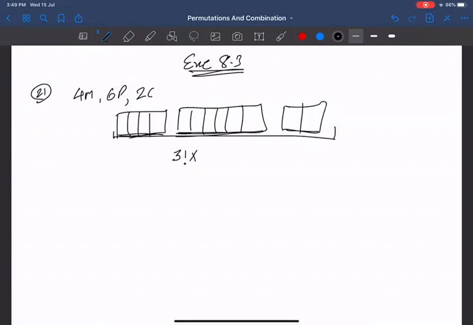Now the maths group can be arranged within themselves in 4 factorial ways, the physics group in 6 factorial ways, and chemistry books in 2 factorial ways. Okay, that's the first part.